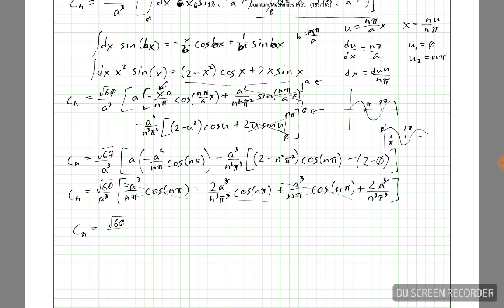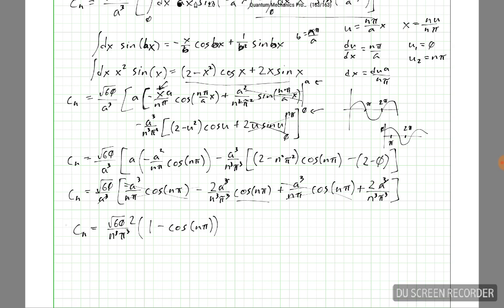Then I still have my n to the third pi to the third, and then I can get that 2 out of there too. Then I just have a 1, and then it is minus cosine of n times pi. Yay.